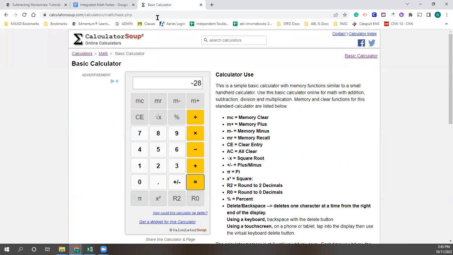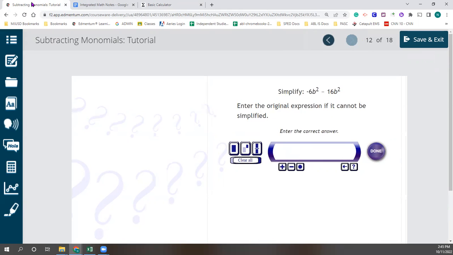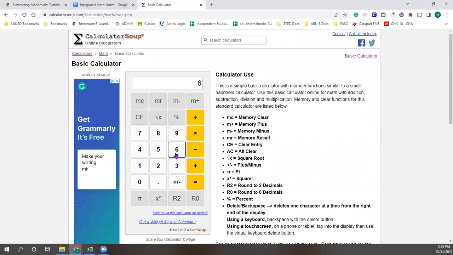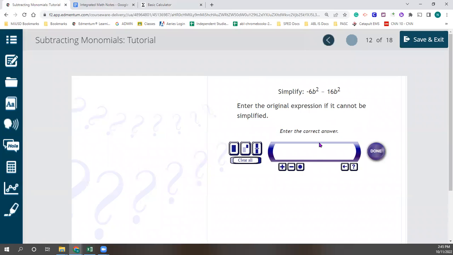I'm going to say negative 22, but just in case, negative 6 minus 16 equals negative 22. Woohoo! So negative 22b with exponent 2. Done.